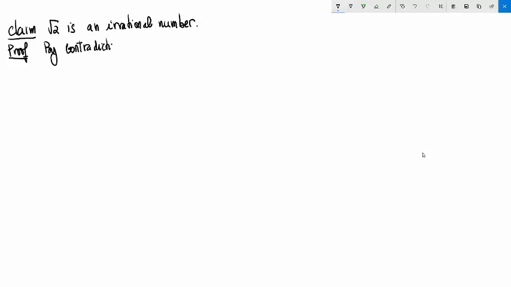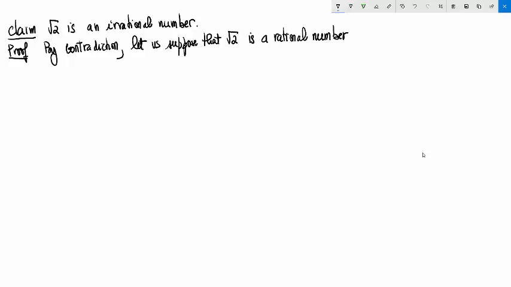So the claim is that square root of 2 is an irrational number. And I will prove this by contradiction. So by contradiction, let us suppose that square root of 2 is a rational number.